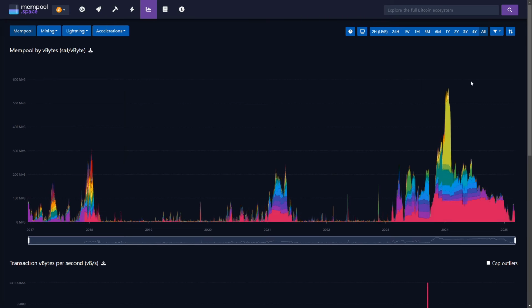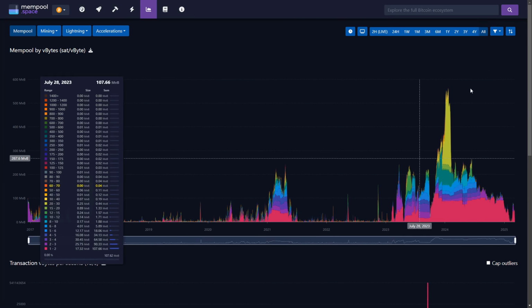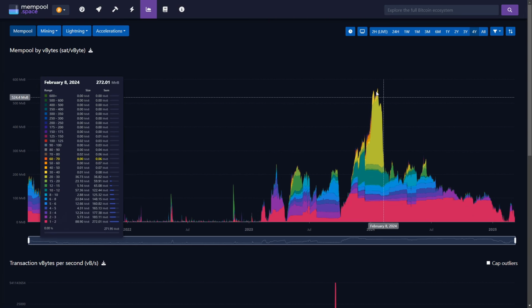We can go all the way back. Yeah, this is the most transactions that have ever been in the mempool at a given time, which is roughly January 20th, 2024, which is just an absurd amount of transactions waiting to be confirmed.